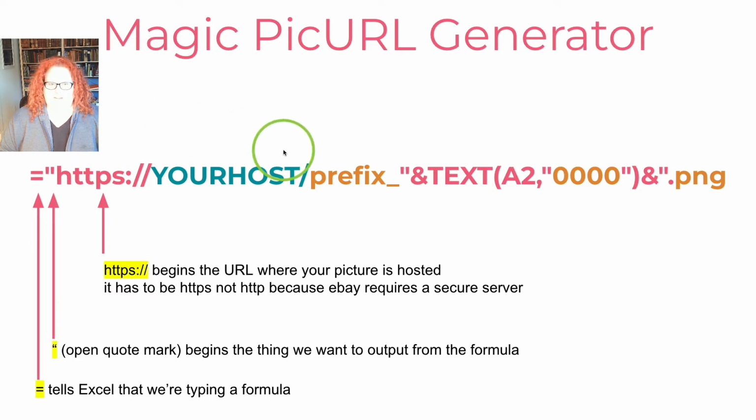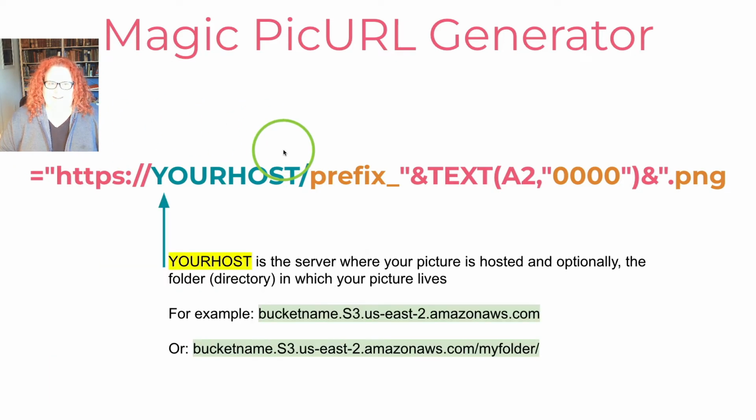So just leave it. All right, next is a blue part, which means we need to change it. And this is the server where your pictures are hosted. And for me, that is Amazon AWS, and that's how I showed you to do it.